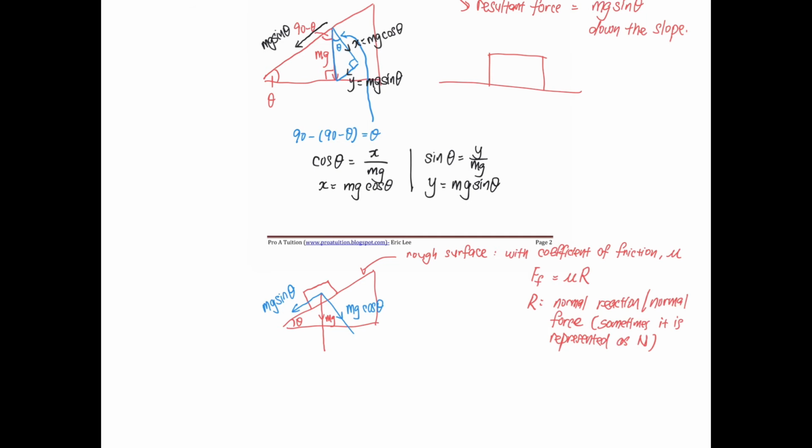You have to know that the R acts in this particular direction, as you can see in the diagram, which is coming out from the inclined plane at 90 degrees. So we have to know that R is mg cos theta. Why is R equal to mg cos theta?